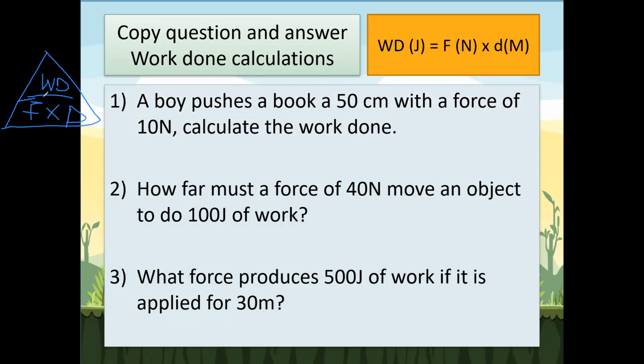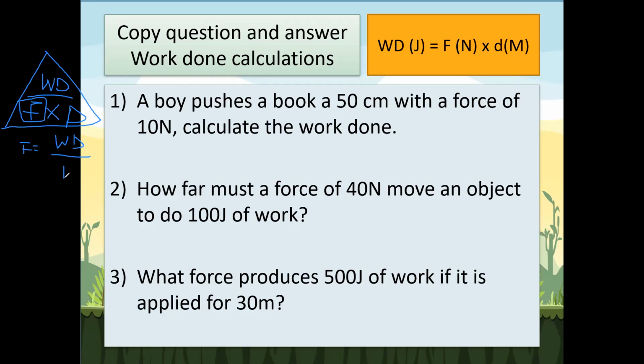So when you cover the force, what are you left with? Work done divided by distance. Which means force is equal to work done divided by distance.